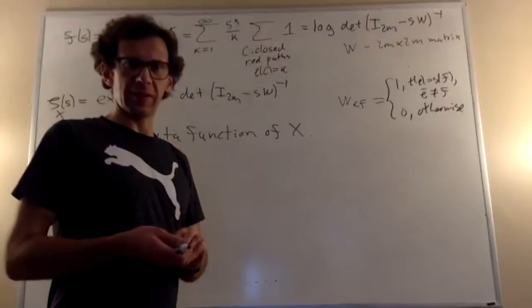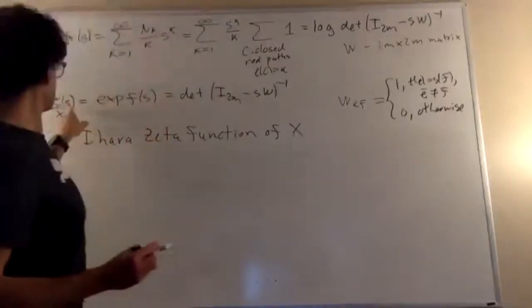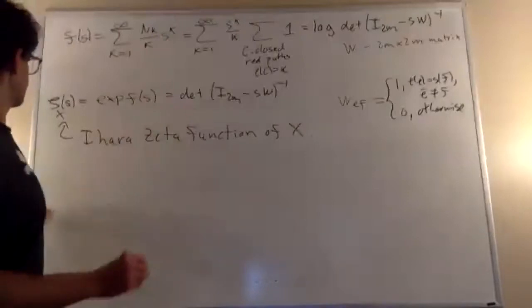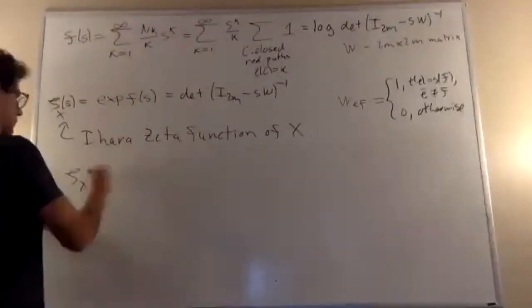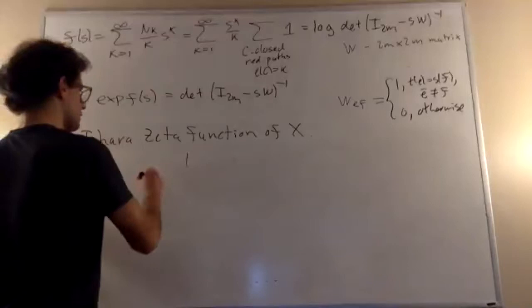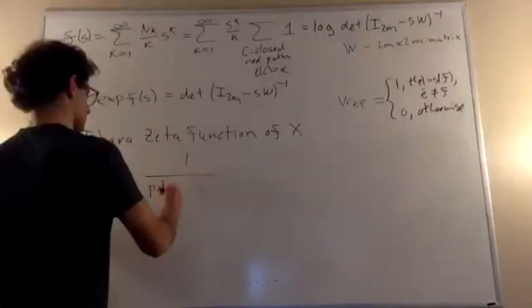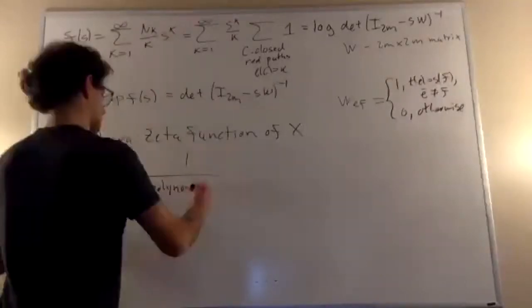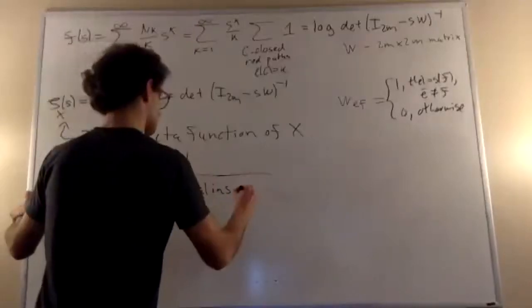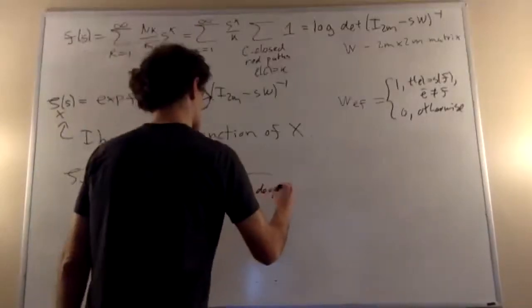Okay, but the point is, why is this zeta function so nice? The zeta function is 1 divided by a polynomial in s of degree 2n.